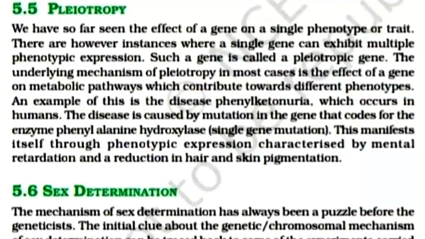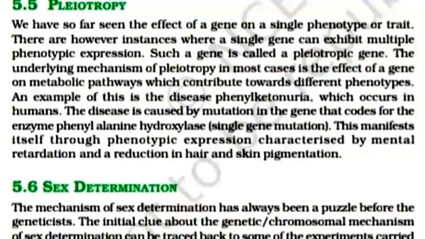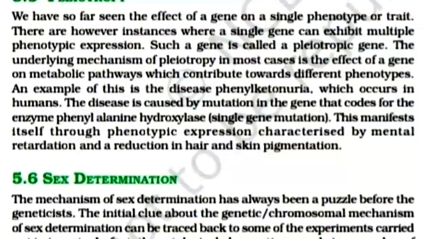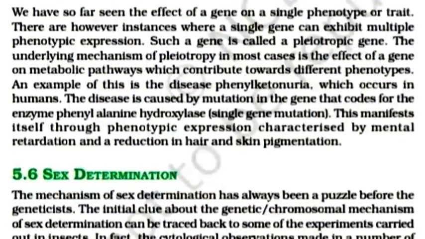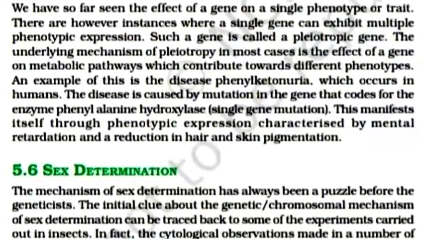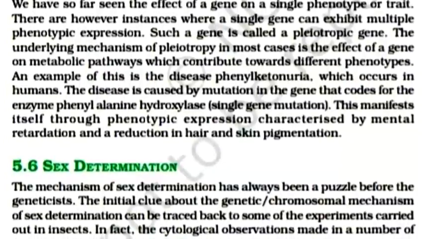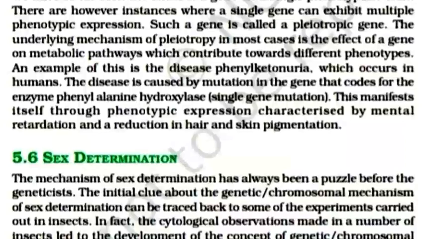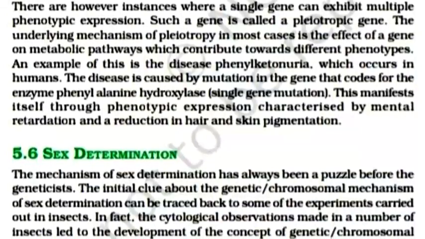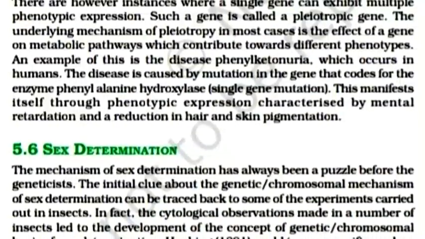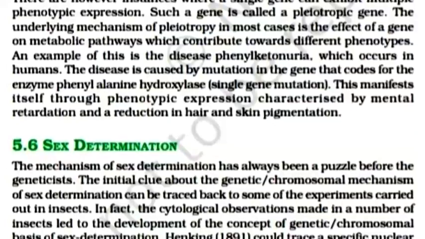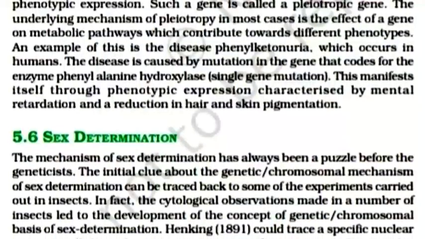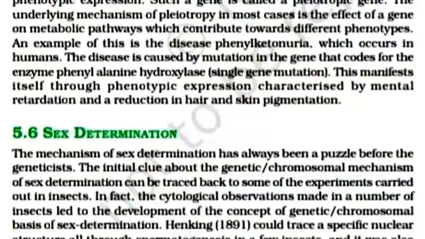An example of this is the disease phenylketonuria, which occurs in humans. The disease is caused by a mutation in the gene that codes for the enzyme phenylalanine hydroxylase. This single gene mutation manifests itself through phenotypic expression characterized by mental retardation and a reduction in hair and skin pigmentation.